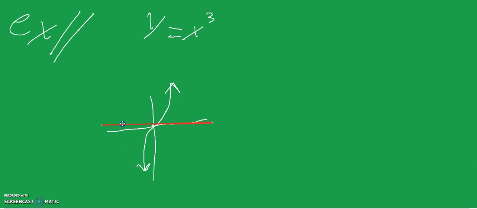I keep on moving it through the graph. Now, if at any point the horizontal line and my graph intersect more than once, it does not have an inverse. But I can see here that at any point that I move this line, I only have one intersection all through the graph. So this does have an inverse.